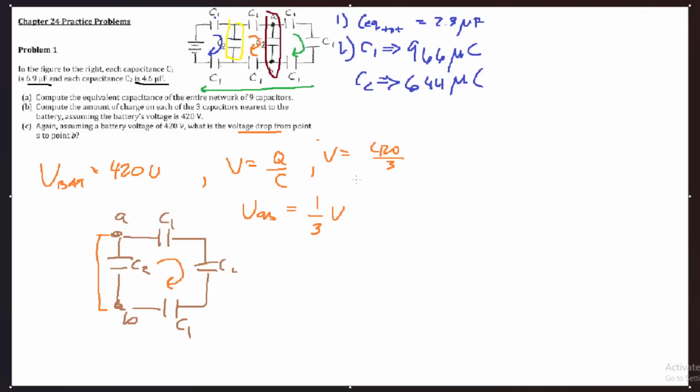Okay. So then we can eventually just do VAB equals Q over C, where Q is equal to Q over 3, so then this gives us VAB is equal to Q over 3C.